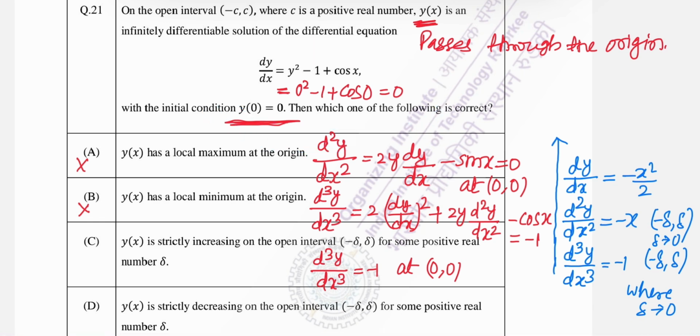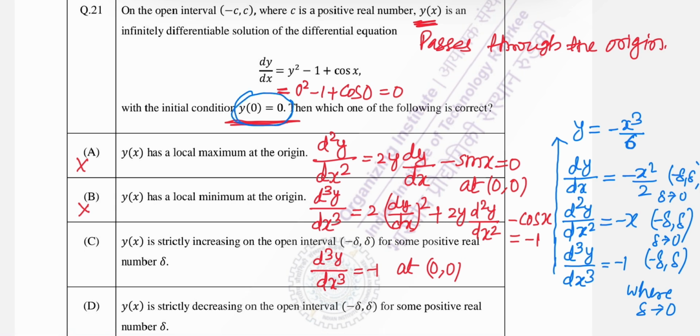Okay, so now this time we will write the same, minus delta to plus delta, in this very small interval, and now we get y equals minus x cube by 6, okay, plus a constant, but again this time as well the constant will be 0.